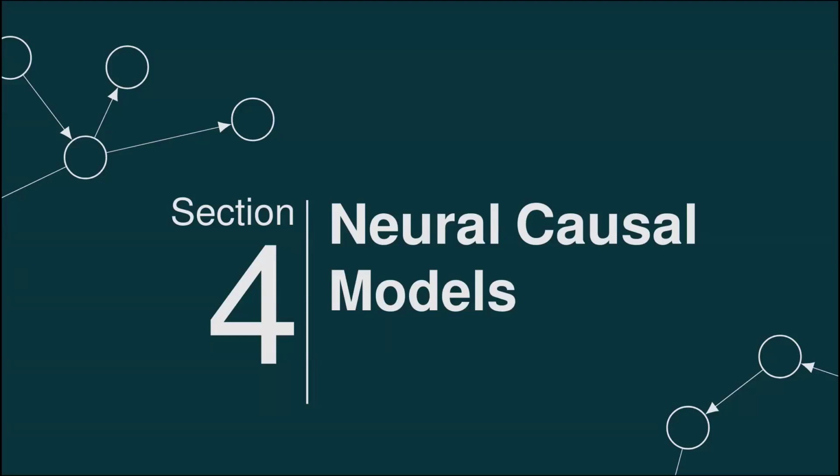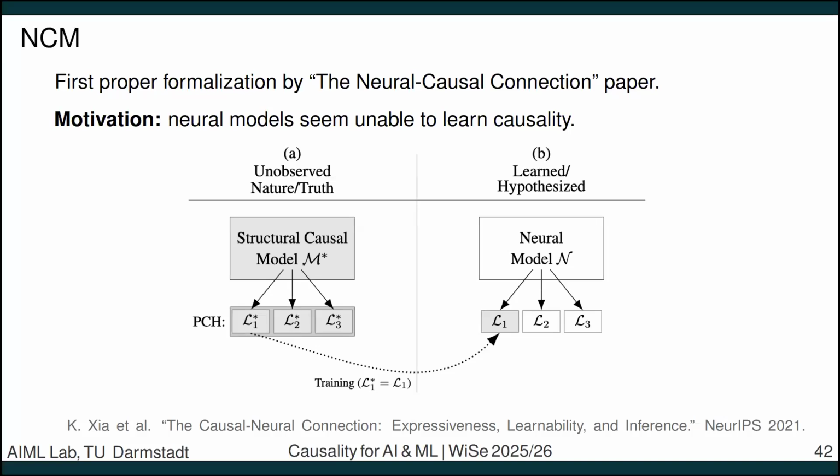And now, as the last model, I want to present neuro-causal models, which are basically the neural equivalent of structural causal models. And this basically has a lot of theory with it, and is also concerned with whether, if we have some observational data and a particular graph structure, we can create a neural version of an SEM.